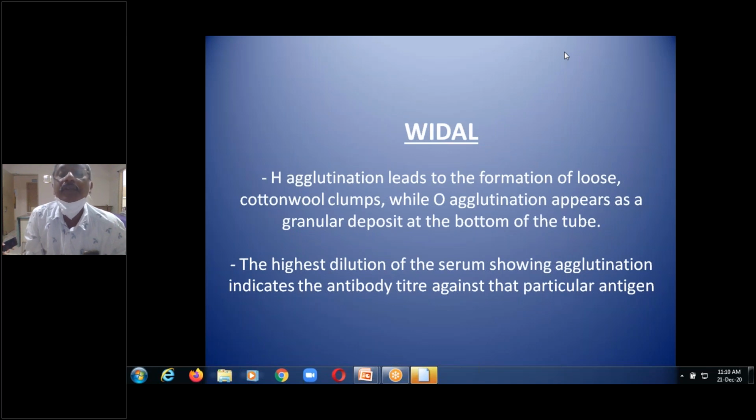We are diluting the serum with saline, so the highest dilution of the serum that shows agglutination is the antibody titer.